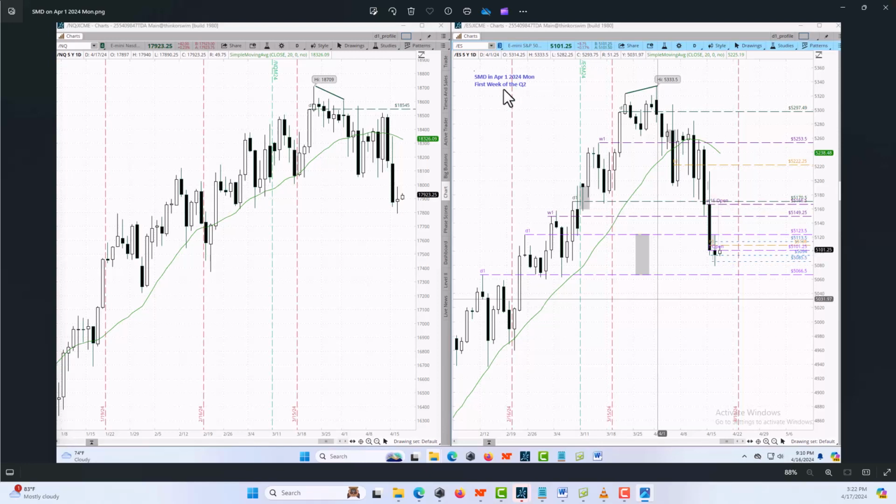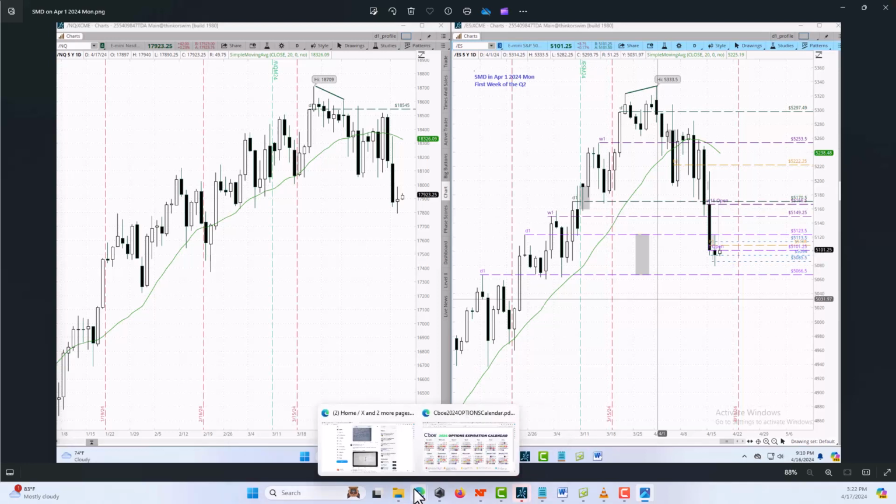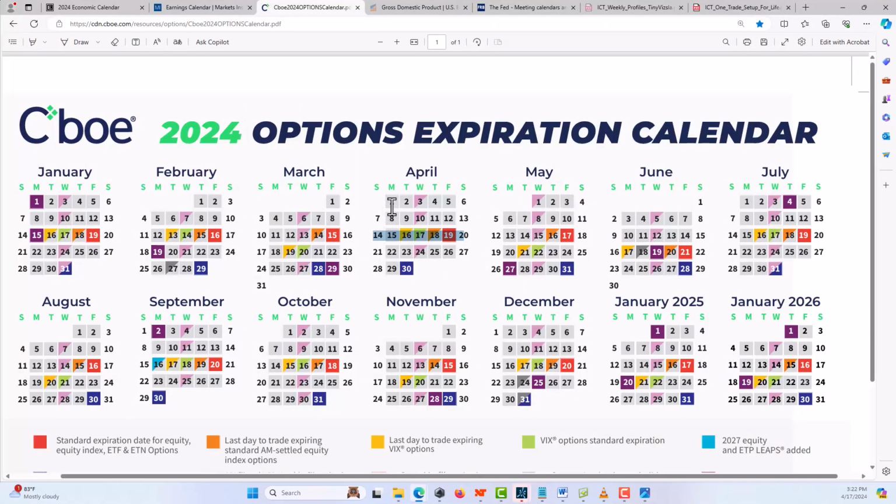In terms of the daily time frame, we have a smart money divergence, another word for a smart money technique. The divergence check took place on April 1st, the first Monday of the second quarter.